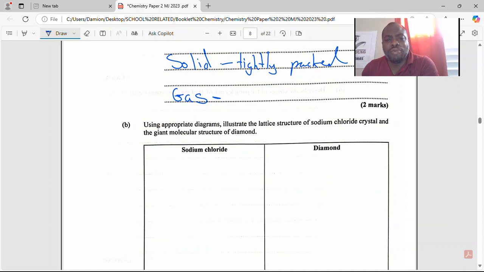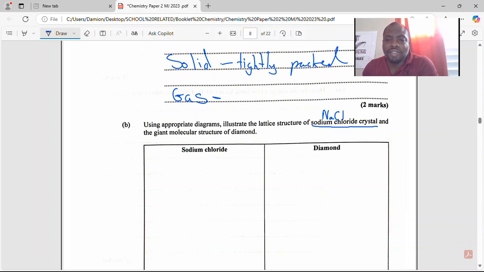It says, using appropriate diagrams, illustrate the lattice structure of sodium chloride. What's the formula for sodium chloride? NaCl. Wonderful.